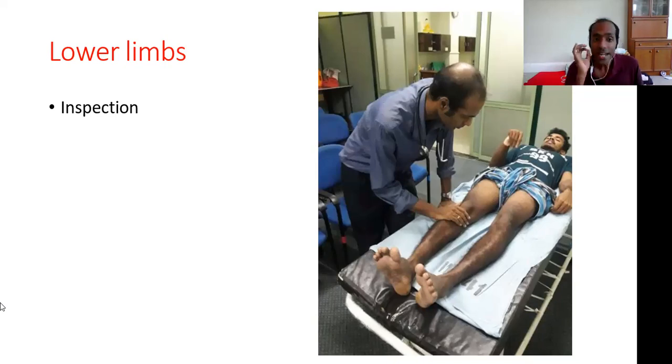Something that you have to be very careful of when you are inspecting is to observe for any deformities, and foot drop would be an important deformity to look out for. Also look for small muscle wasting, especially in the feet. So very important. So inspection: look at the large muscle groups for wasting, look for fasciculations, look for deformities like foot drop, for example. And also look for wasting of the small muscles of the feet.